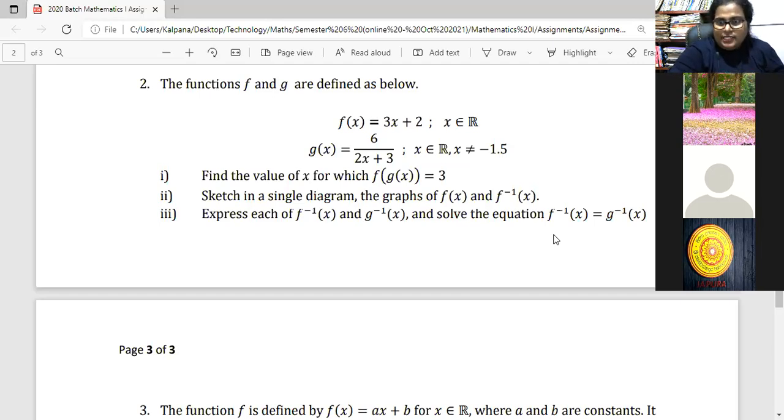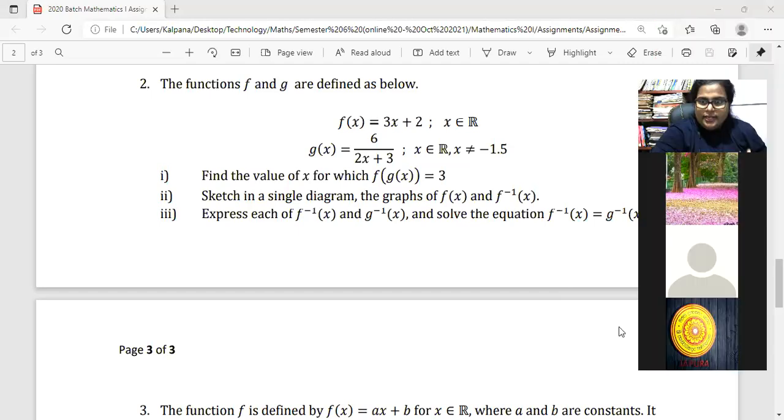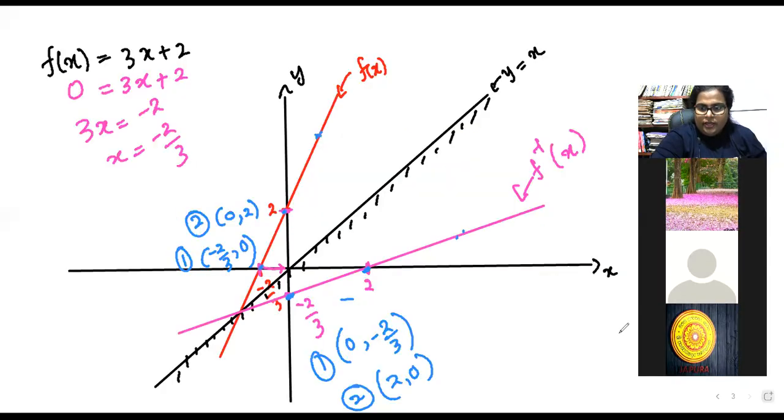In the third question, it is asked to express this f inverse x and g inverse x algebraically, right? එතකොට අපි මෙච්චර වෙලා graph එක තමයි මේ දේවල් කතා කළේ. අපිට දැන් කියනවා algebraically f inverse x and g inverse x අරගෙන ඒ දෙක සමාන වෙන x coordinates හොයන්න කියලා.